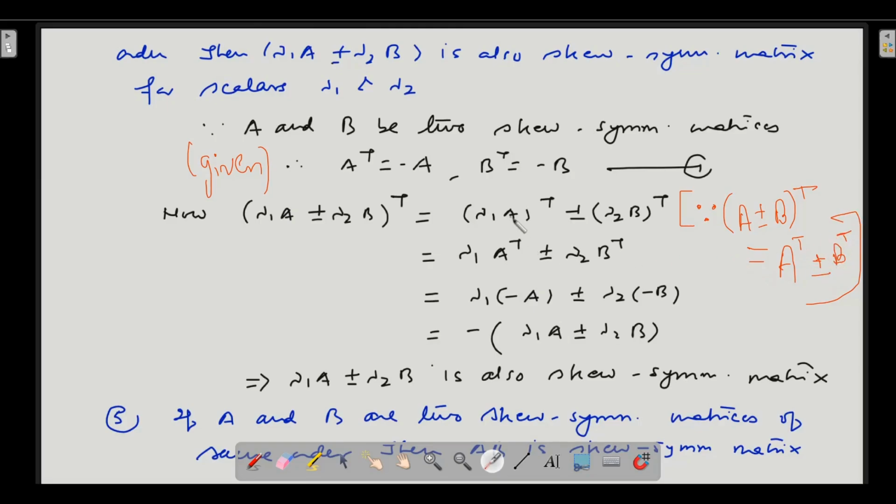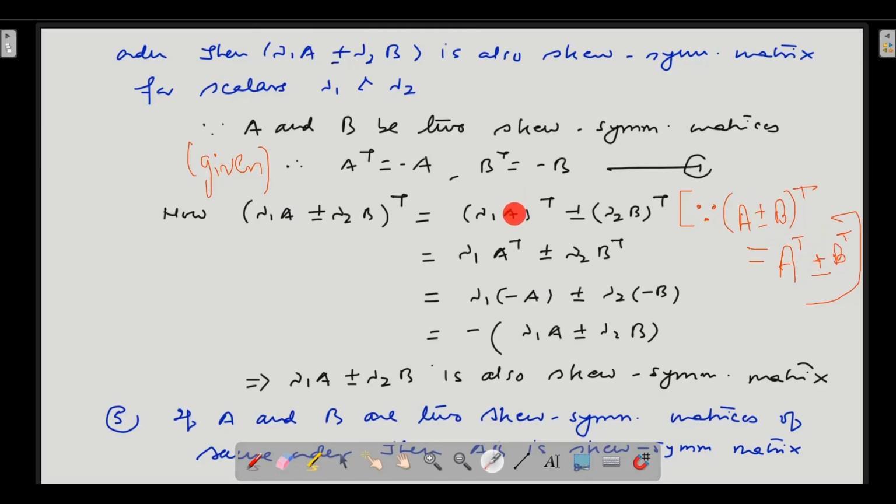This is the thing which you have learned. This is the property which has been used in this first step. This is like A and this is like B, although lambda is additional over here.